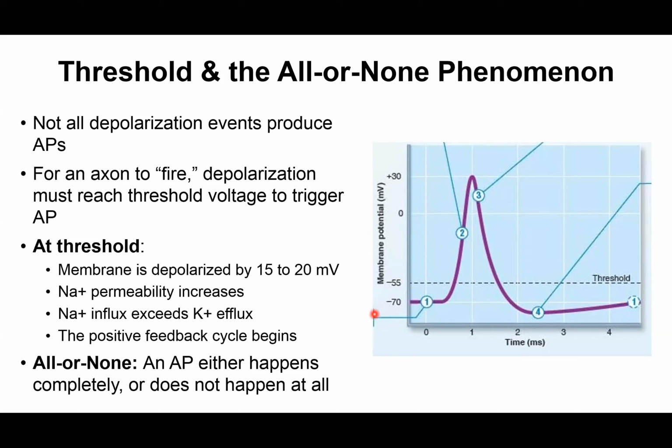And so at threshold, we reach this point of, yes, we're going for it, right? So it's all or none, and an action potential is either going to happen completely or it's not going to happen at all. Okay, so we have to change our membrane potential by at least 15 to 20 millivolts in order for an action potential to occur.